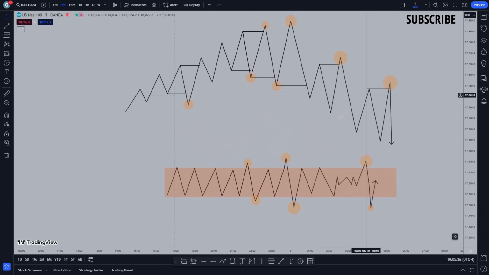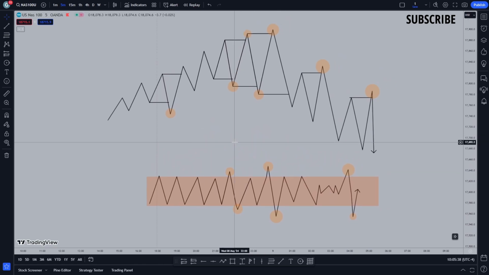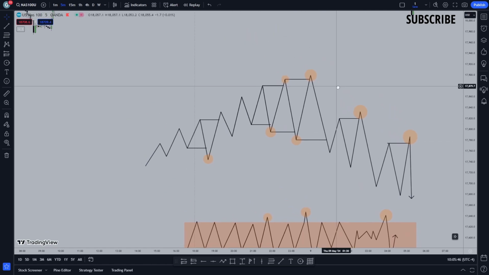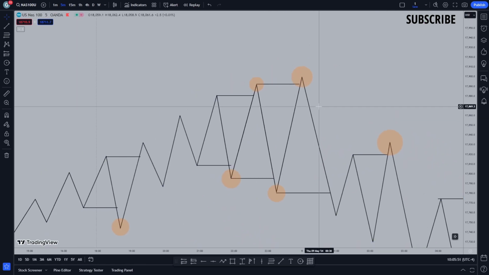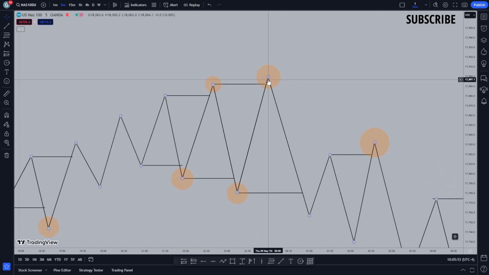But if you focus on this, the thing I'm trying to say is that price is fractal. Okay, so suppose this is a 4H or 1H time frame, price has gone up, and now it is falling down from here. Now you can see on the 4H time frame, price has taken this high.